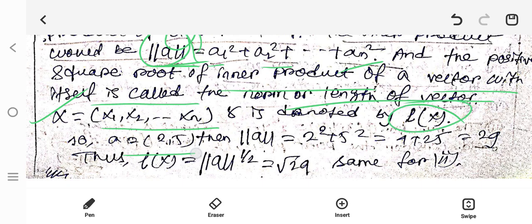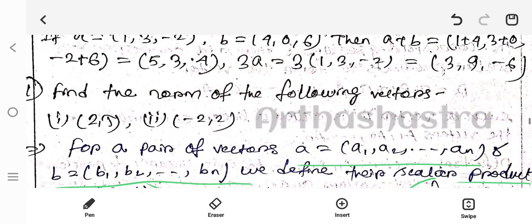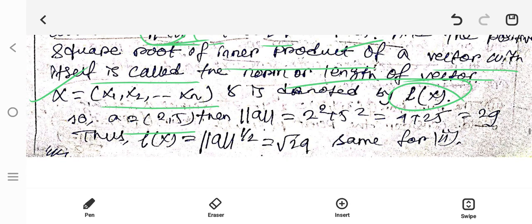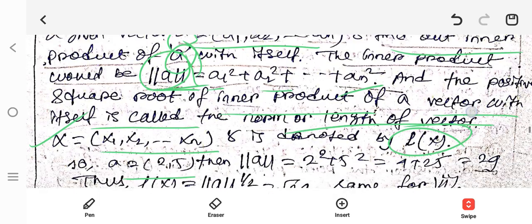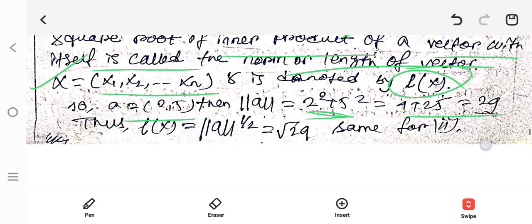So if our question is to find the norm of the following vector, for the first vector whose two components are 2 and 5, the inner product will be the squares of the components added together: 2 squared plus 5 squared, which gives 29.